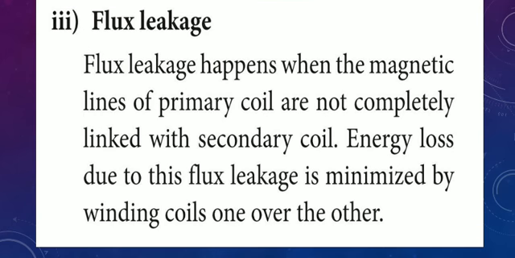Third one is flux leakage. Which one? Flux leakage. Flux leakage happens when the magnetic lines of the primary coil are not completely linked with the secondary coil.